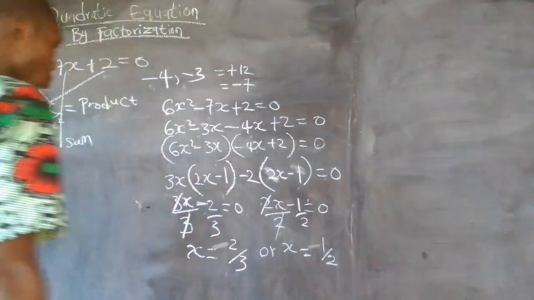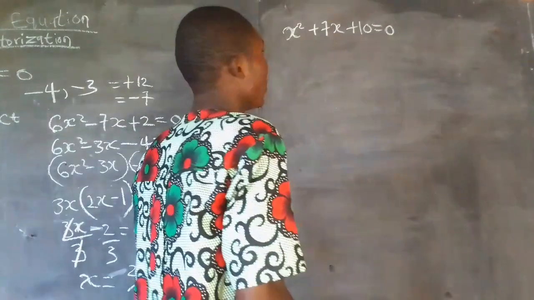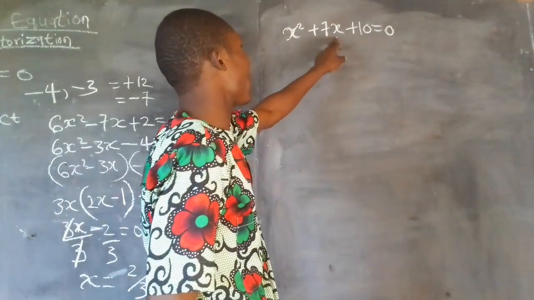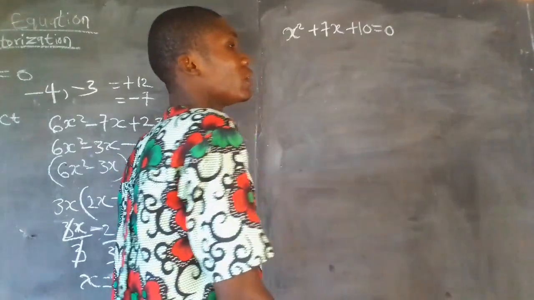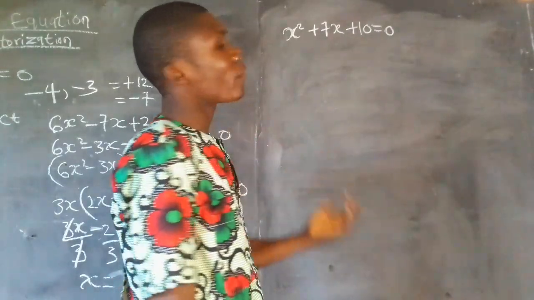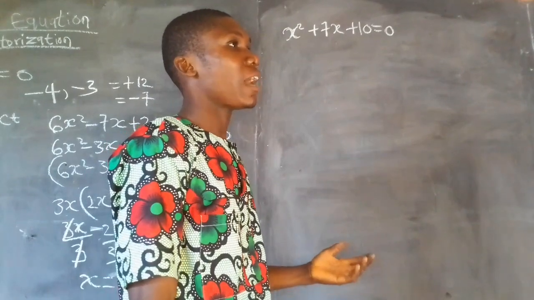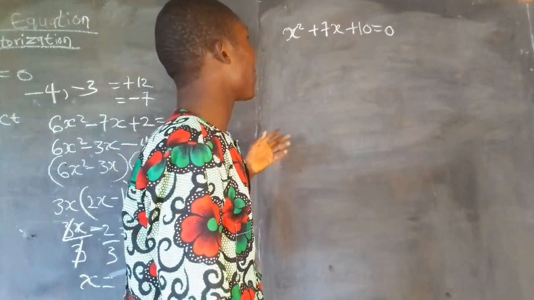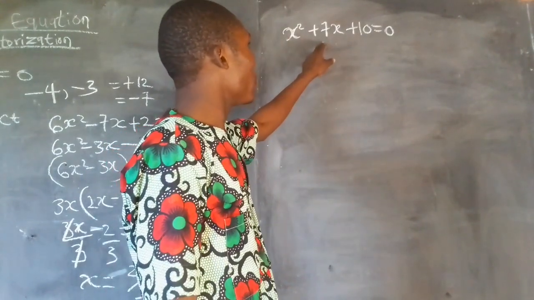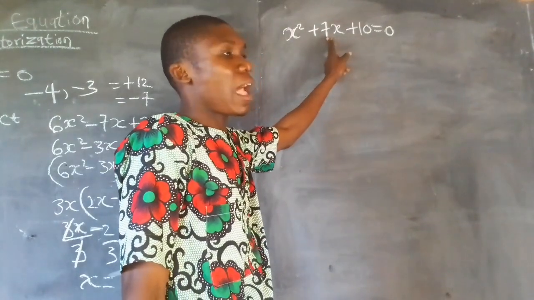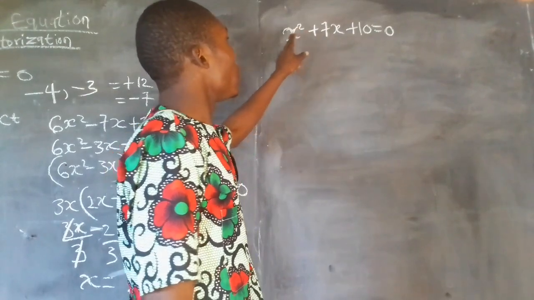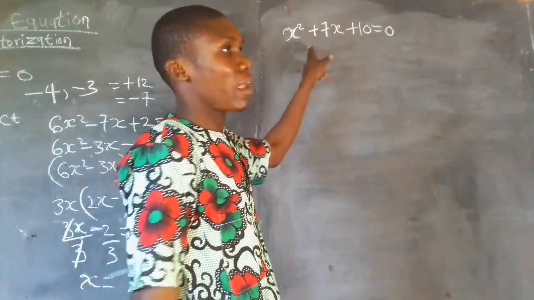So let's take example 2. Second example, x squared plus 7x plus 5 equals to 0. So the very first thing for you to do is look for two numbers that when you add them, it will give you plus 7, and when you multiply them, it will give you plus 10.